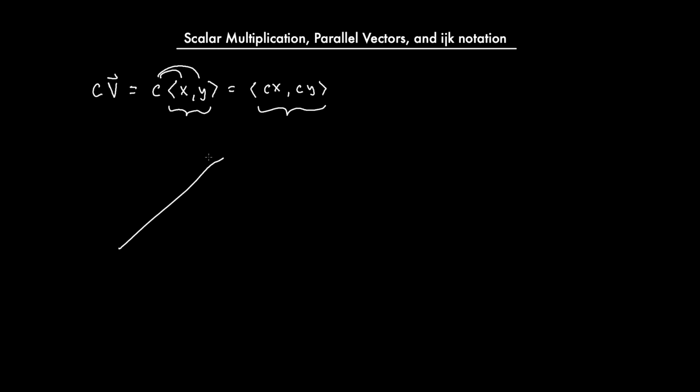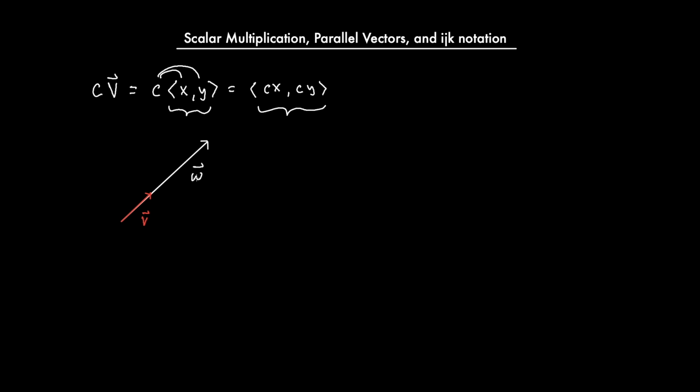So vectors are parallel if they're scalar multiples of each other, which means that a unit vector and the normal vector are parallel because the unit vector is a scalar multiple of the original vector. So let's say this vector right here is vector v, and this longer vector right here is vector w.